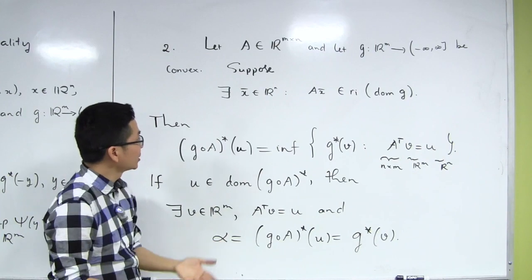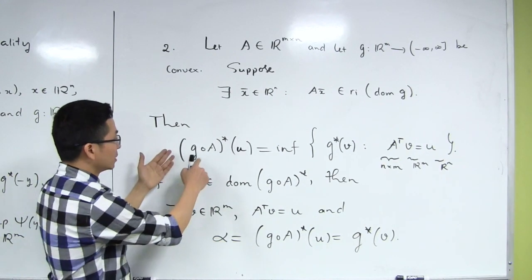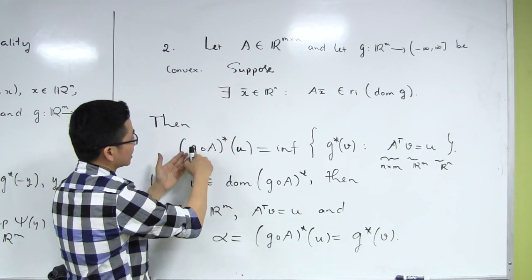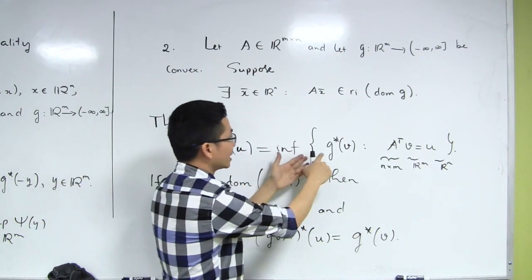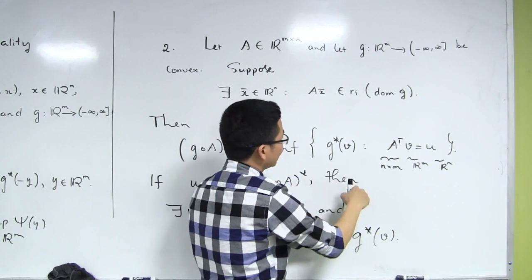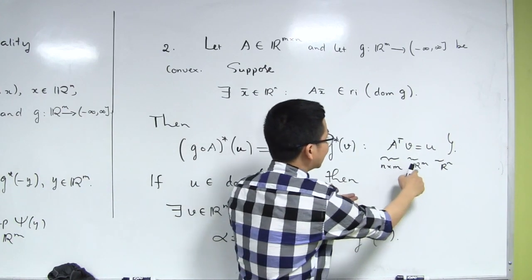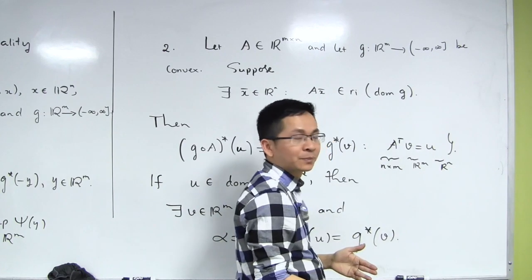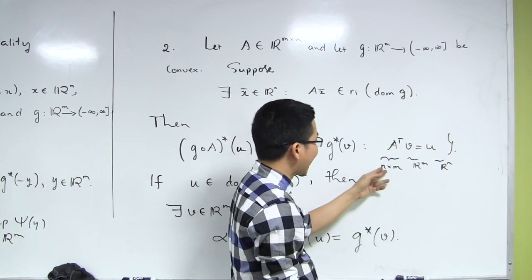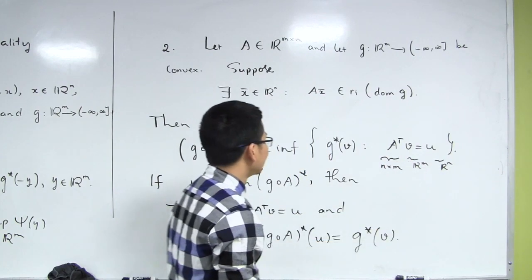Then we have a very nice Fenchel conjugate chain rule for the composition. So here, this is the Fenchel conjugate of the composition of g and A at u. It is the infimum of g star of v, and the infimum is taken on all v in Rm such that A transpose times v is equal to u. So over here, A transpose is an n by m matrix, v is in Rm and u is in Rn.